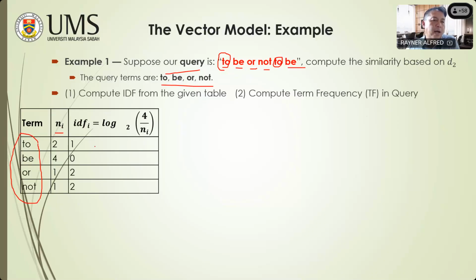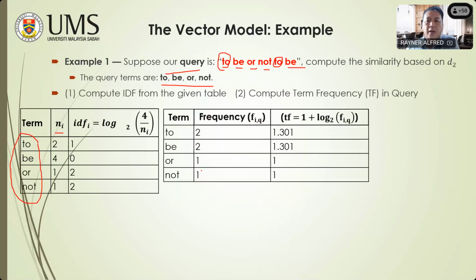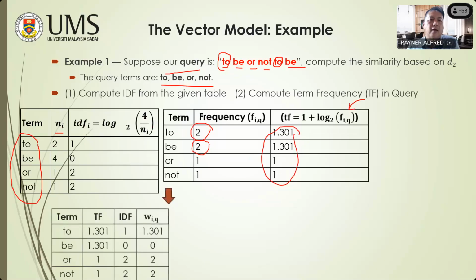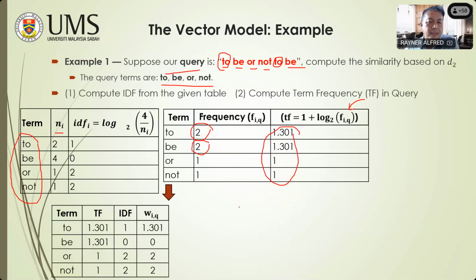So this is your IDF, and this is your TF. 'To' exists 2 times, 'be' exists 2 times, and then you compute using this formula and you get this TF-IDF. So this is the vector for your query.